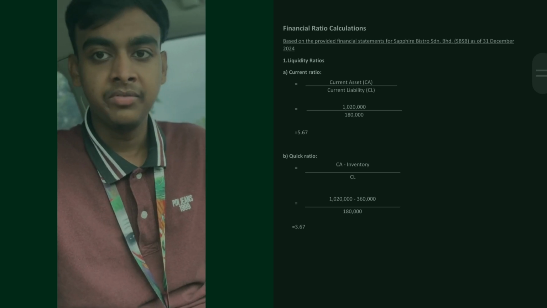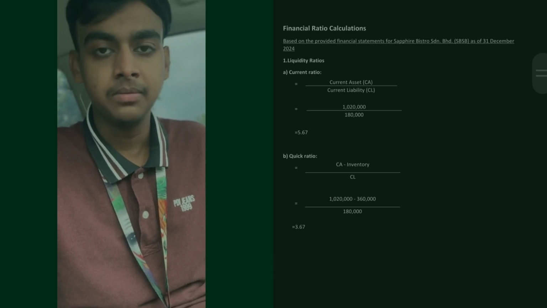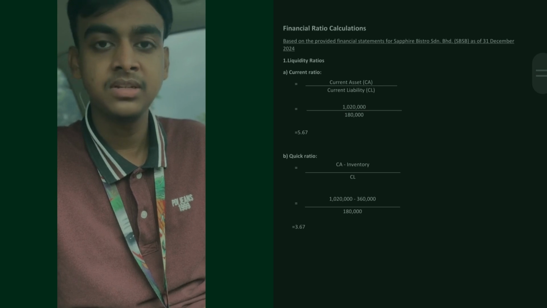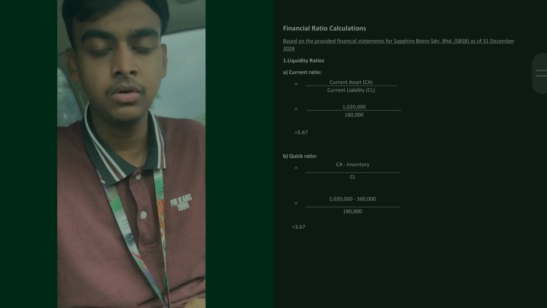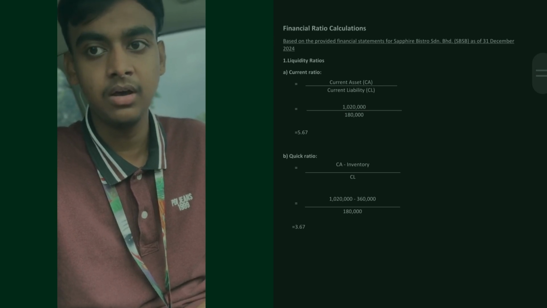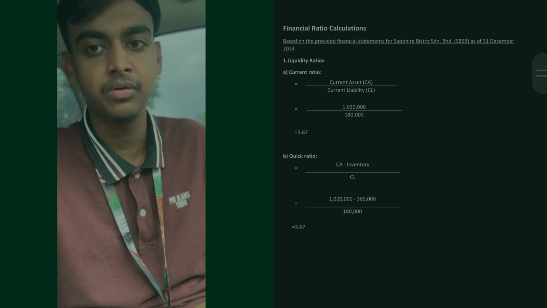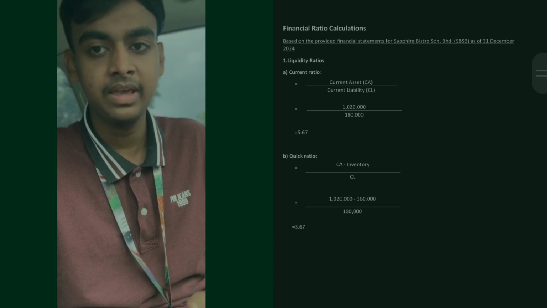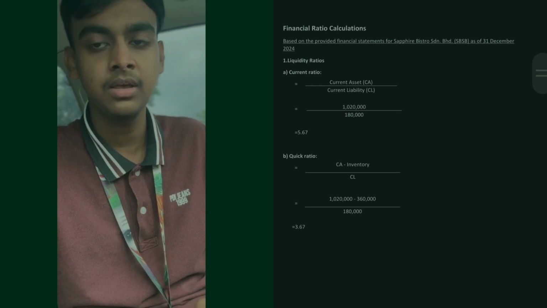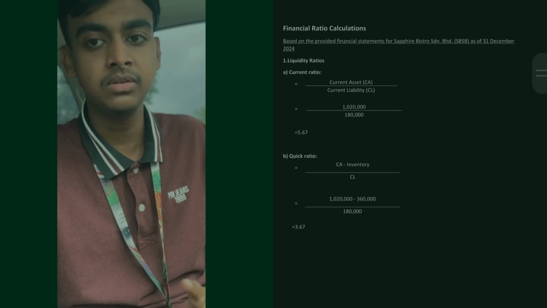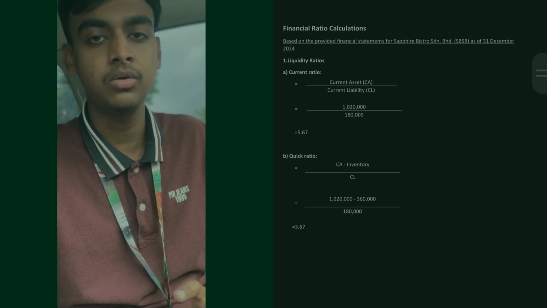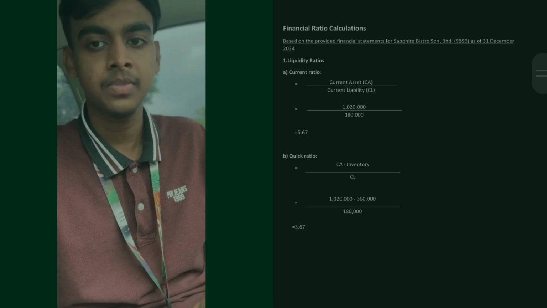I'm going to talk about the financial ratio calculation based on the provided financial statements for Safiya Bistro Sendirian Berhad as of 31 December 2024. Liquidity ratios: A, current ratio, current assets over current liabilities equals 1,020,000 over 180,000.